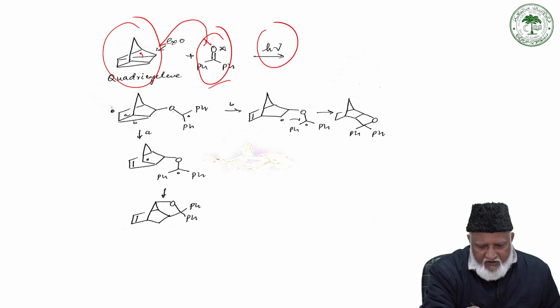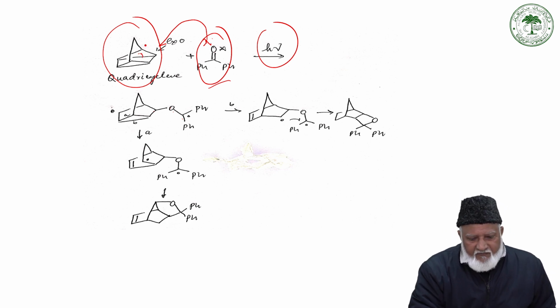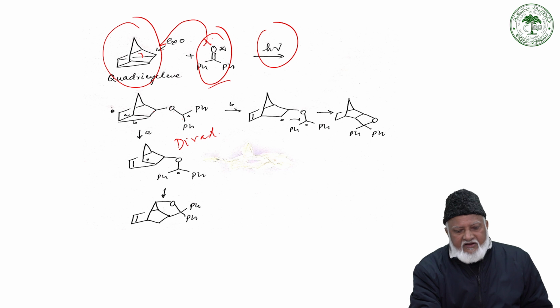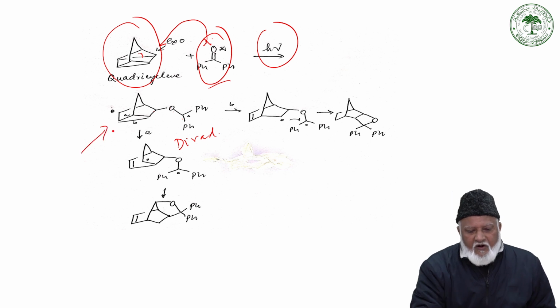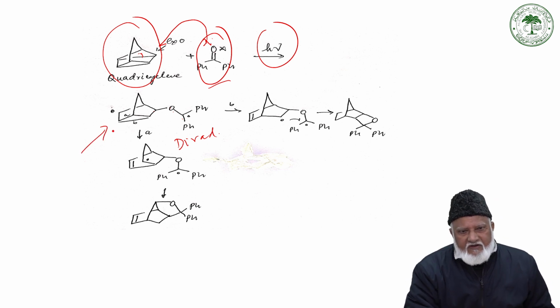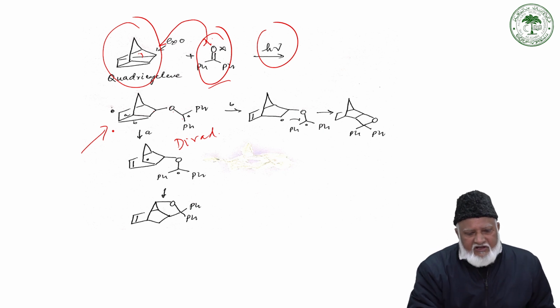This bond opens up to give a 1,4 diradical species, and this diradical species which is formed has the possibility of further ring opening.